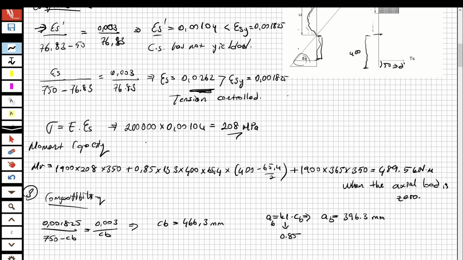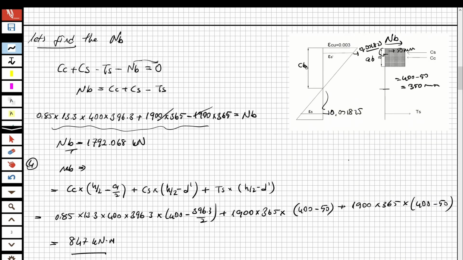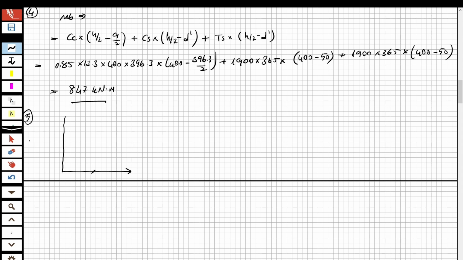Oh, it was this one, yes, 489.5. So this is 400. This is pure bending, 489.5. And what is the pure axial load capacity of this cross section? It was 5004.6.